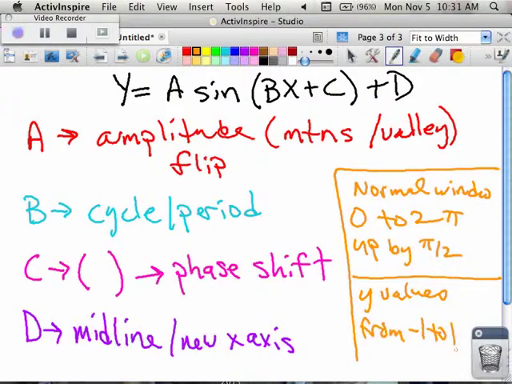Now you will have to adjust this based on what's going on. So like when we do zoom 6 for a y equals graph, it always goes from negative 10 to 10x, negative 10 to 10y. I'm telling you the zoom 6 for periodic functions, sines and cosines, is from 0 to 2 pi, go up by pi over 2, and negative 1 to 1. Stay going up by 1. And if your amplitude is more than that, or if you shifted things up or down, you might have to stretch your window a little bit to see more.